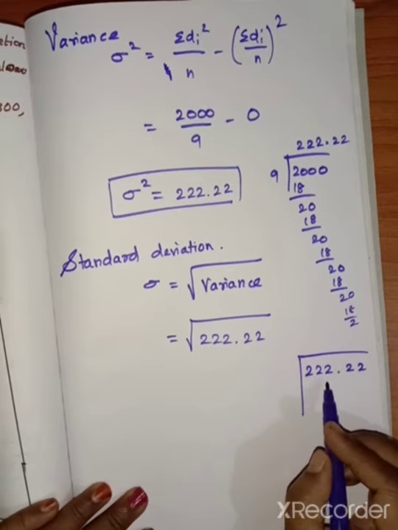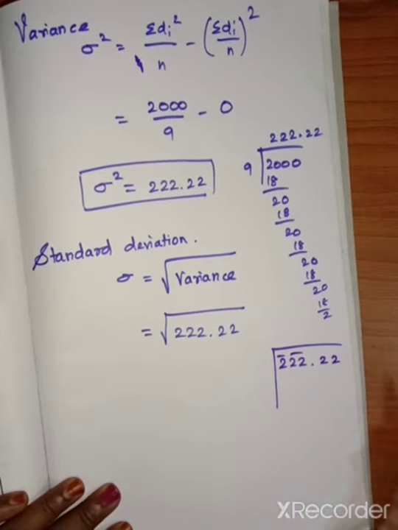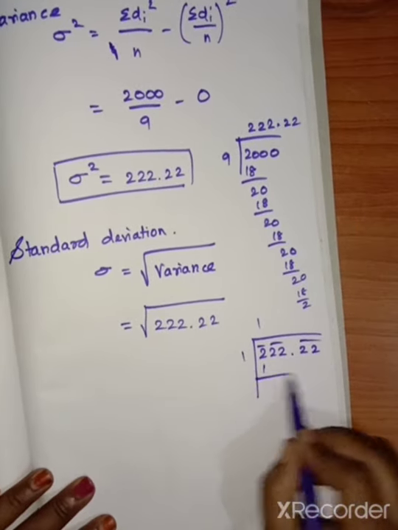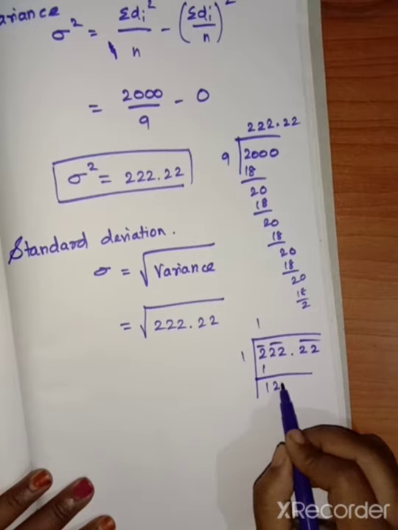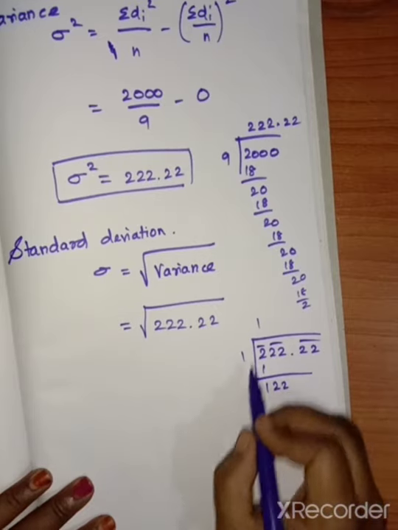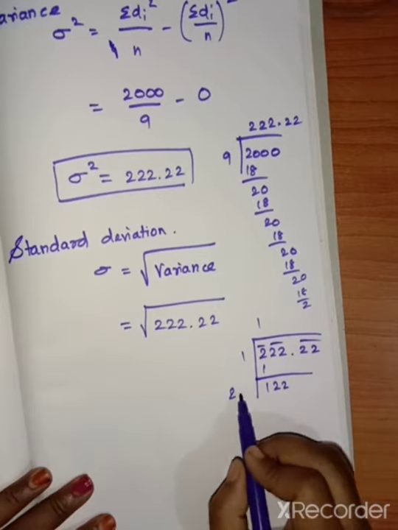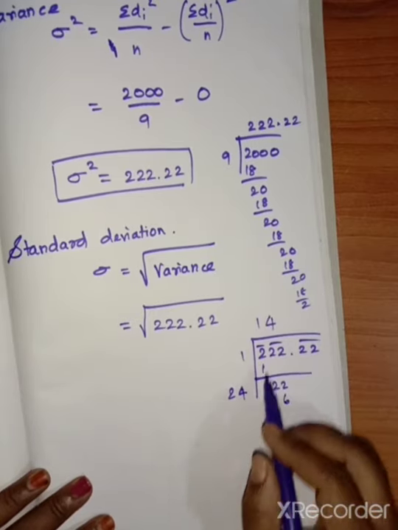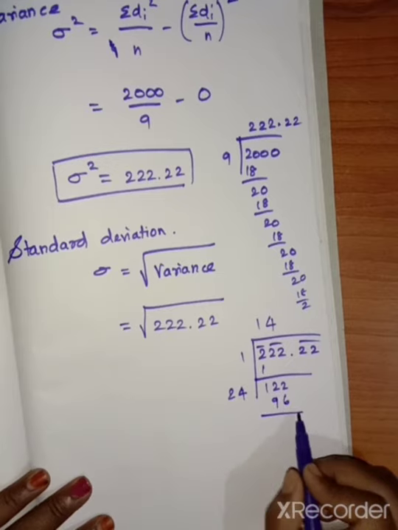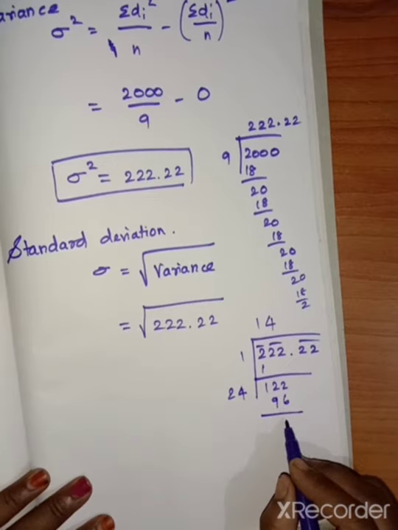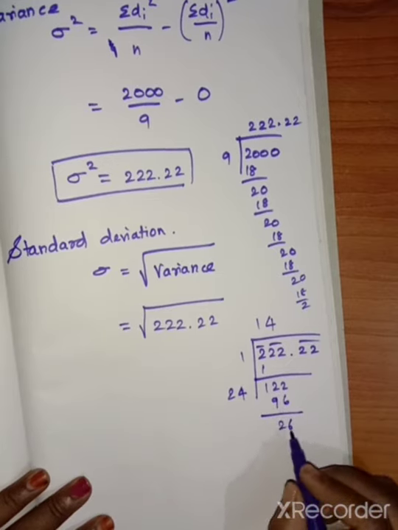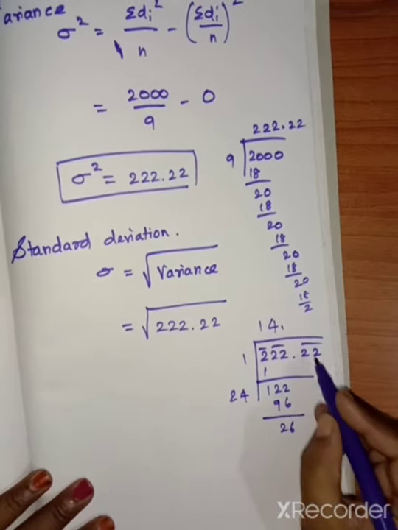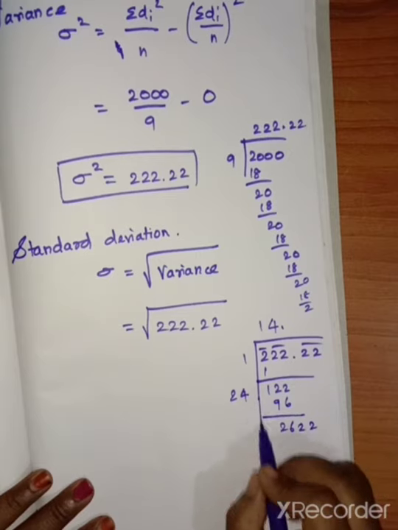The 3-digit number is there, so 1, 2 we can use. 1 ones are 1, remaining 1. 22 is fell down, so 122. Here 2 is multiple, then 4 we can use. 4 4s are 16, remaining 1, 96. If you subtract, 226 is there. So the decimal point is moved on to the quotient. Then 22 is fell down.